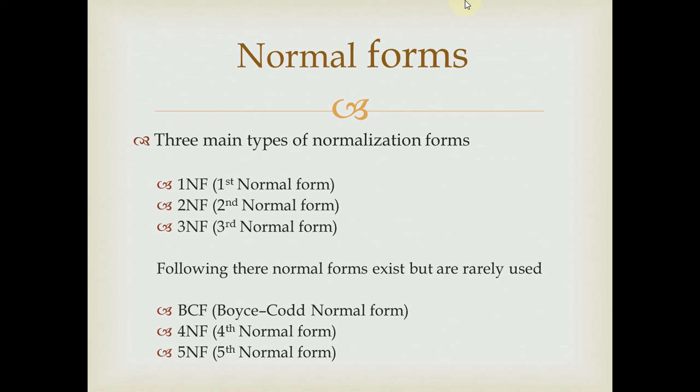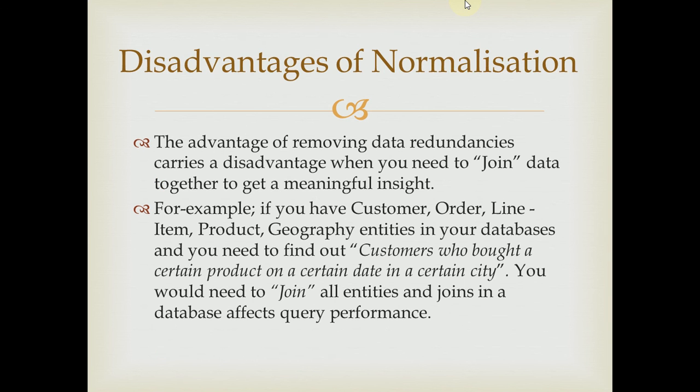But you also have to understand that normalization has its own disadvantages. If you go beyond third normal form, you have advantages, but you have disadvantages as well. Even if you're applying first normal form, there is an advantage. Obviously you are getting rid of your duplications, and you're introducing relationships, but it also brings disadvantages.